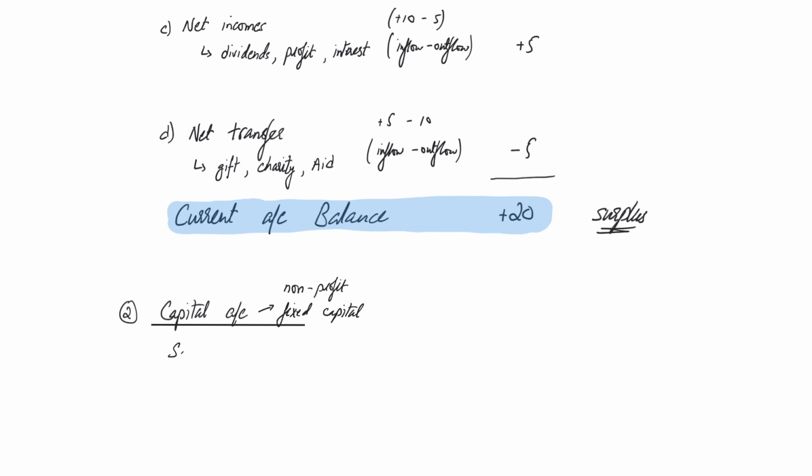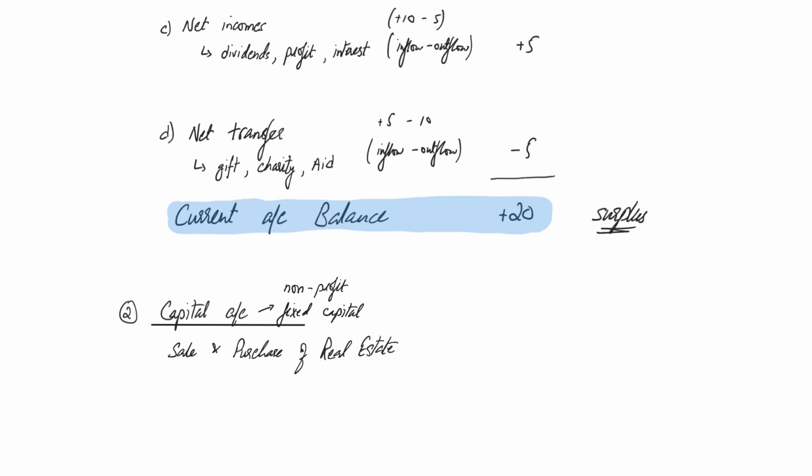So over here you have sale and purchase of real estate. So it is this type. Sometimes countries do buy other countries' monuments for heritage purposes and this and that.